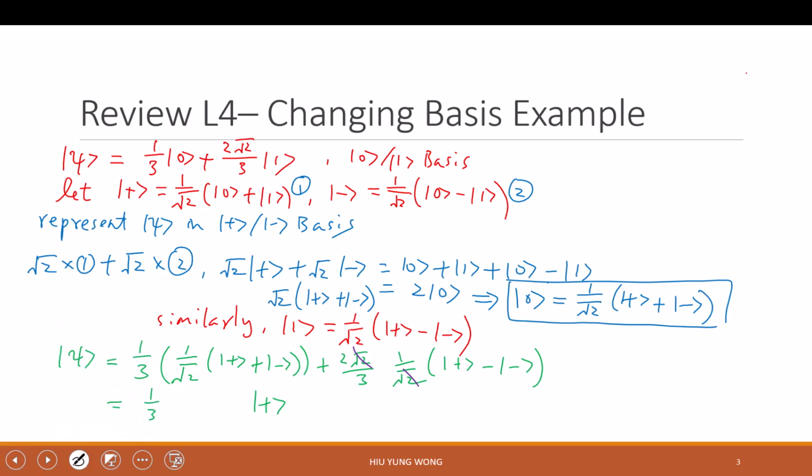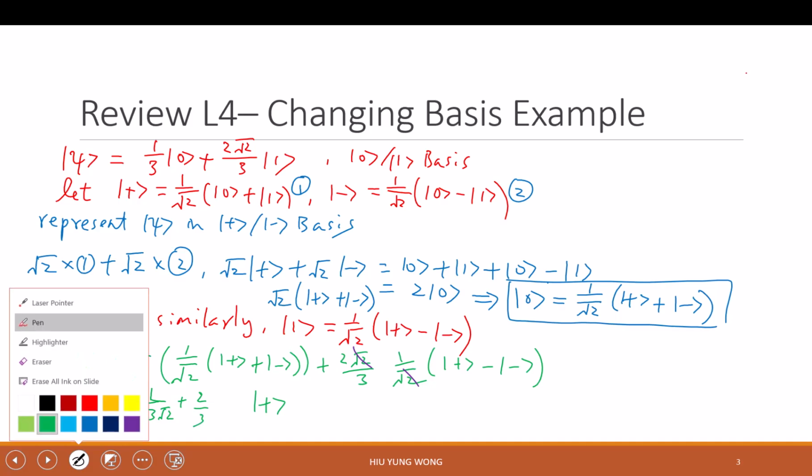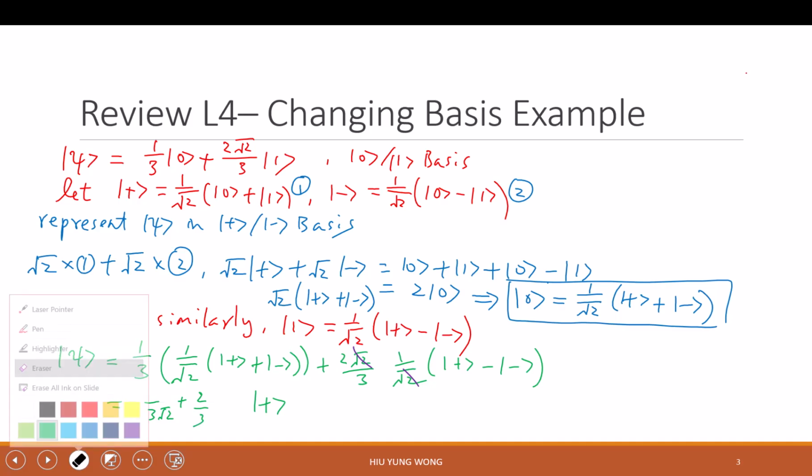1 over 3, and then I will do square root 2, plus 2 over 3. You can do a little bit more simplification. Maybe you can factorize 1/3 out. But this is the coefficient for plus. Am I right? How about minus?